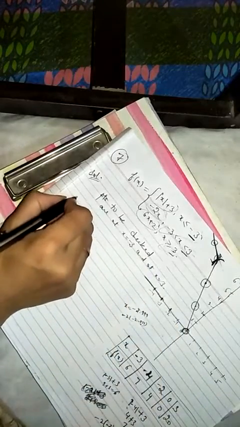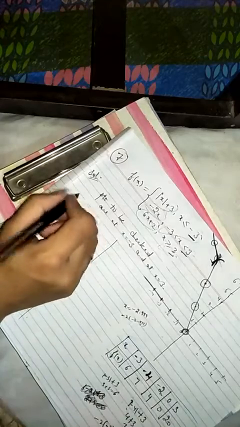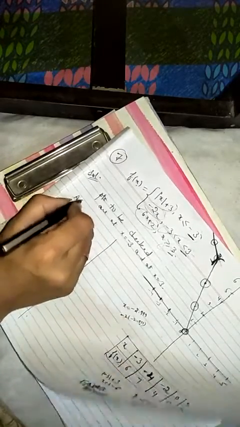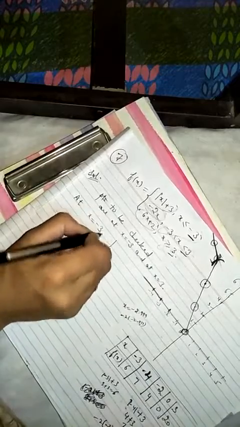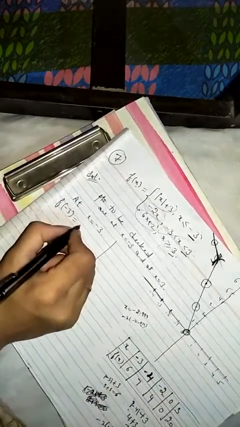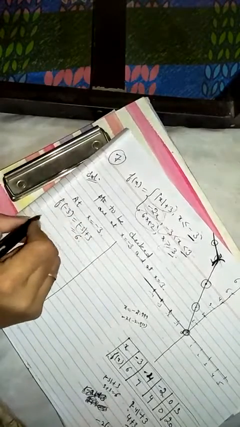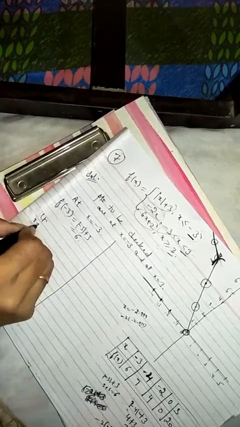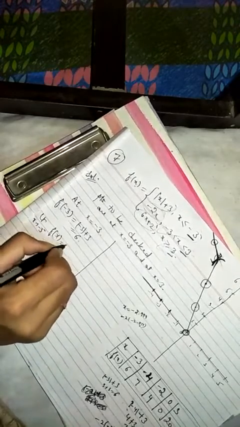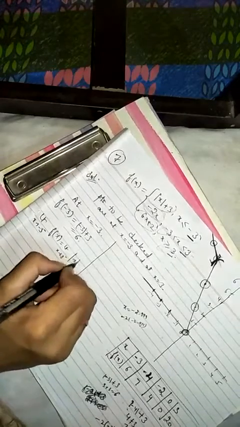So first let us find the continuity at x equal to -3. What is the value of function at -3? It is -3 plus 3, which is 6, right? Limit x tending to -3 negative f of x, that is limit x tending to -3 negative mod x plus 3.